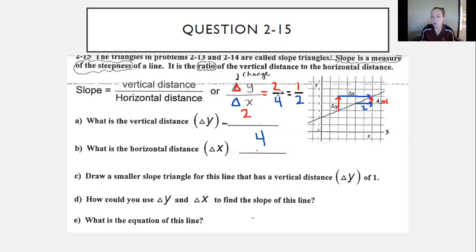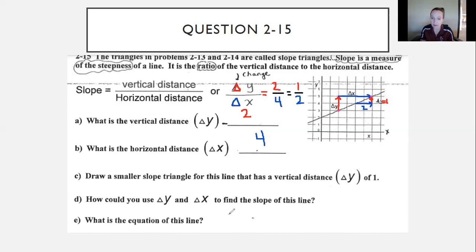So that means for every 4 figure numbers, I am going to be adding 2 tiles. This one means for every 2 figure numbers, I'm adding 1 tile. Now we could go even further and say it's 0.5 over 1.